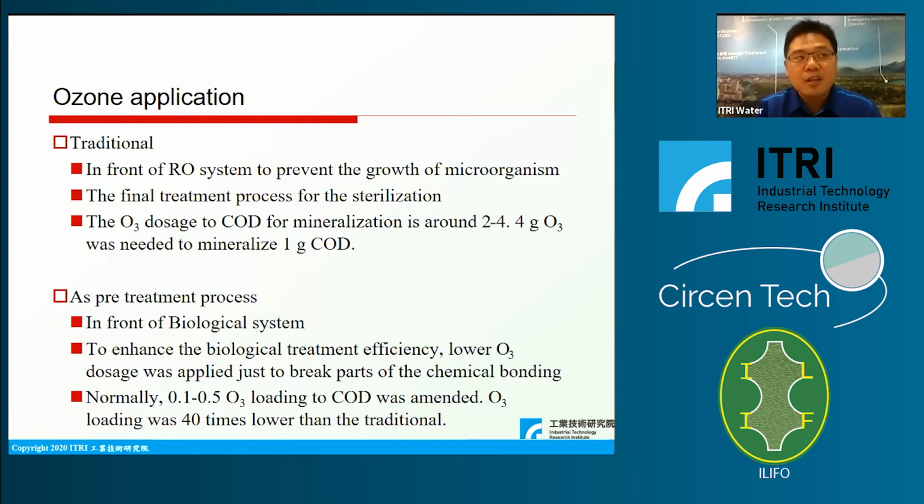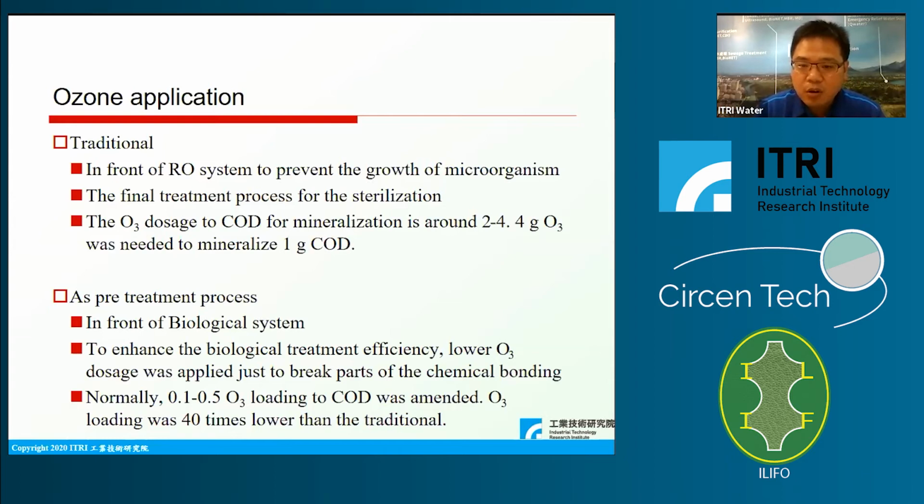But if we think from another angle, if we combine ozone with a biological system, we can use a small dosage of ozone just to break the boundaries of the CODs, and that can enhance the biological process. So we use it as a pre-treatment process in front of the biological system, to enhance the biological treatment efficiency.